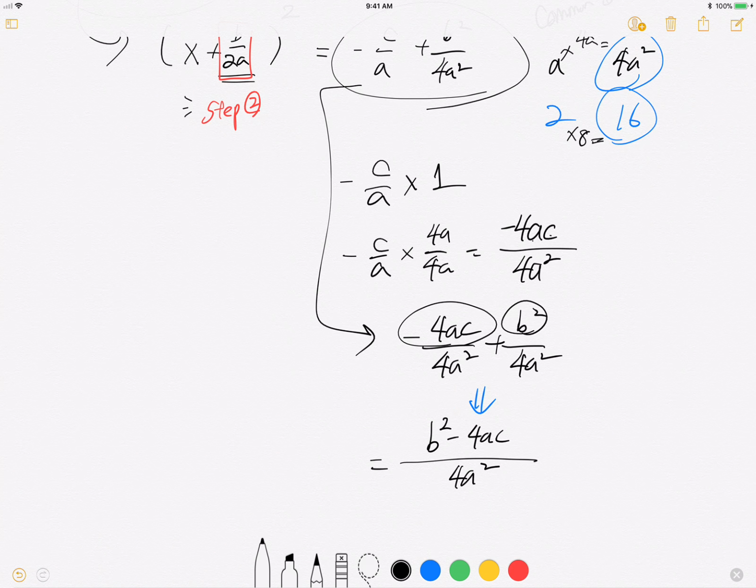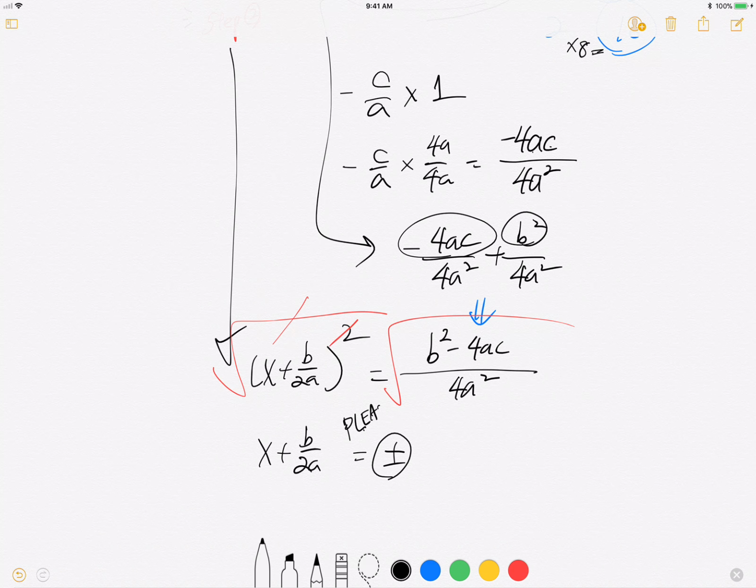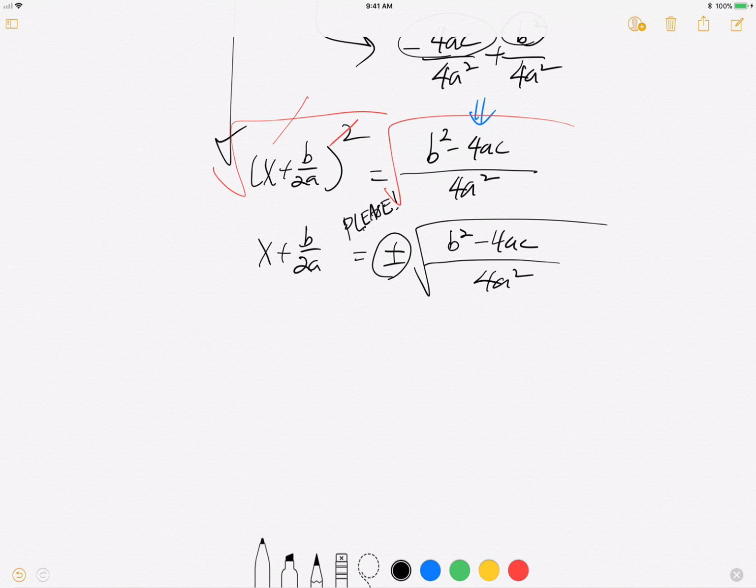Now this whole thing equals, bringing this down, x plus b over 2a squared. Now then, the step that we took was square root both sides. Cancel these out. This becomes x plus b over 2a is equal to, don't forget your plus and minus, please don't forget, the square root of b squared minus 4ac over 4a squared.